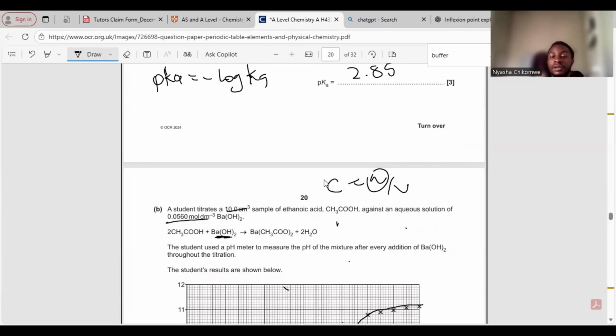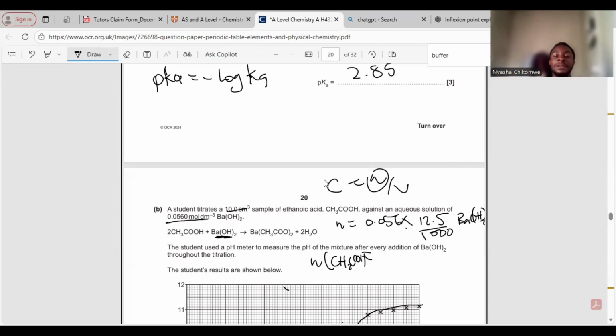So we now have number of moles of barium hydroxide equals 0.056 times 12.5 over 1,000. Then we can get the number of moles of barium hydroxide. But now the number of moles of ethanoic acid is 2 times the number of moles of barium hydroxide, which is 0.056 times 12.5 over 1,000 times 2.